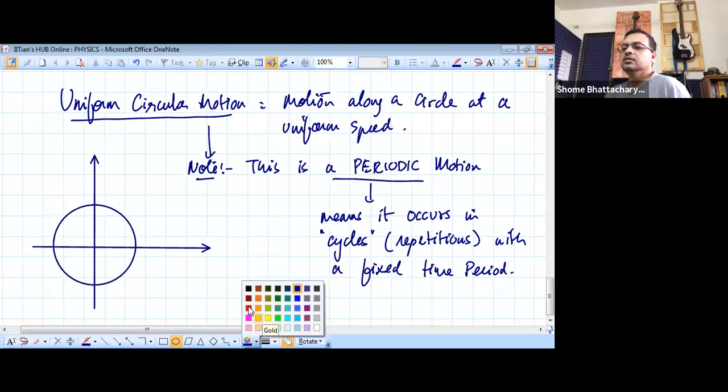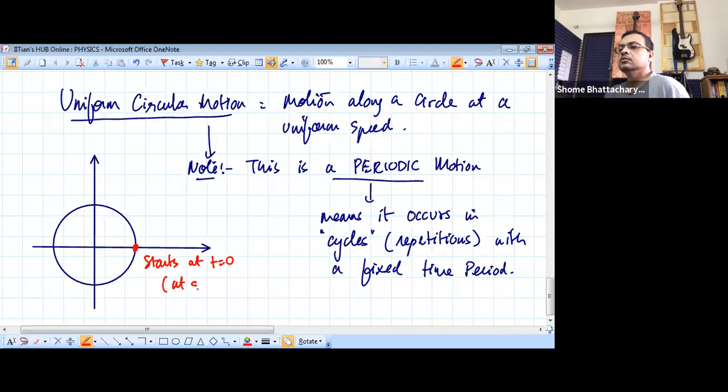Now let's say the particle starts from this position here. Suppose here it starts at t equal to 0 from here with a uniform speed u. Okay. So it starts, then it goes like this, and let's say the radius of the circular path is r. The radius of the circular path is r.